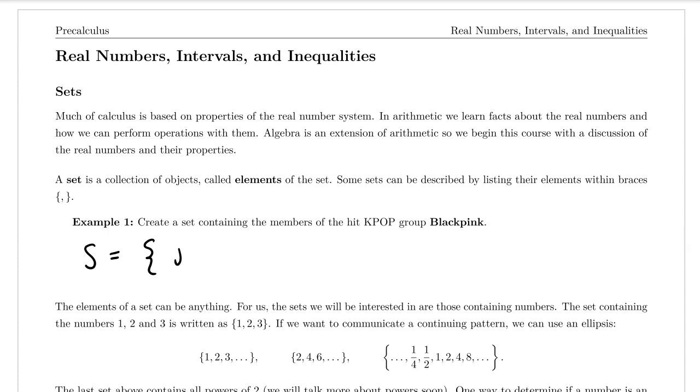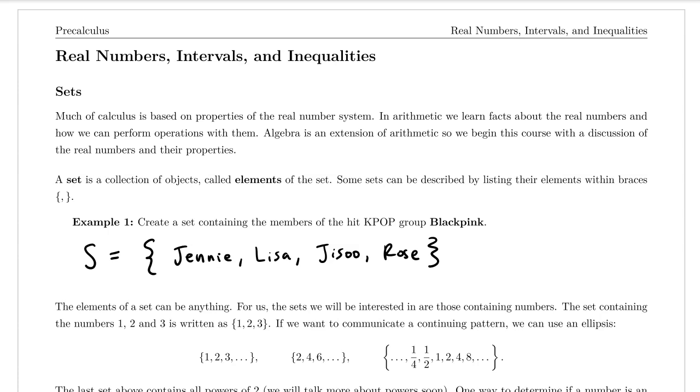So we have Jenny, Lisa, Jisoo, and Rose. And then I'm going to close it with a right curly bracket.